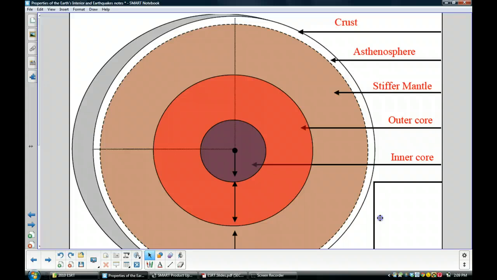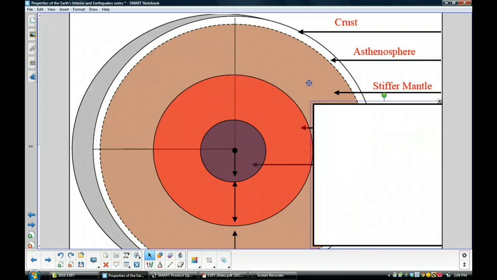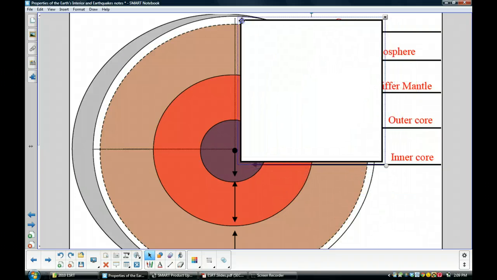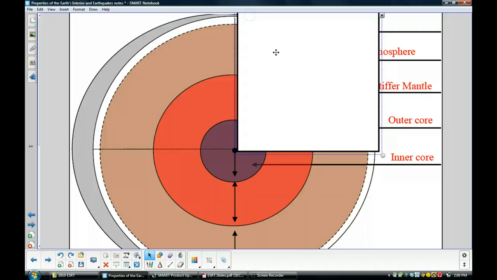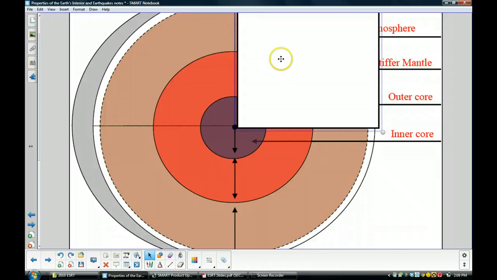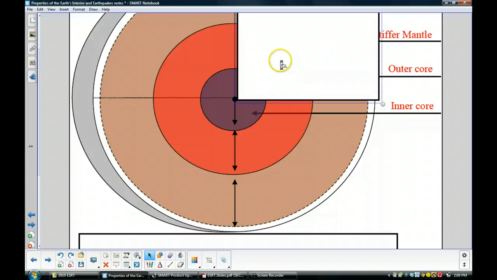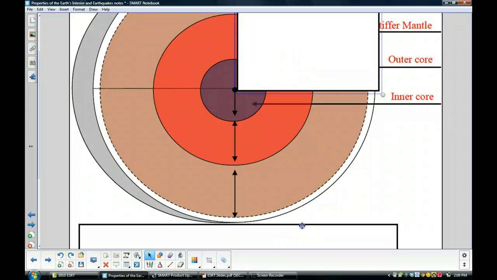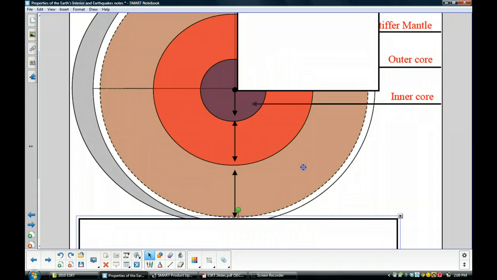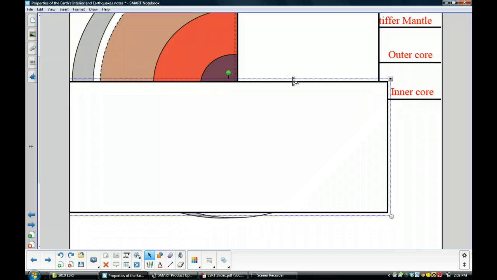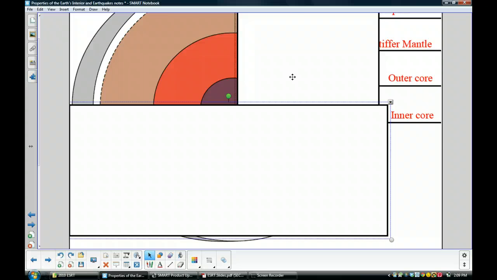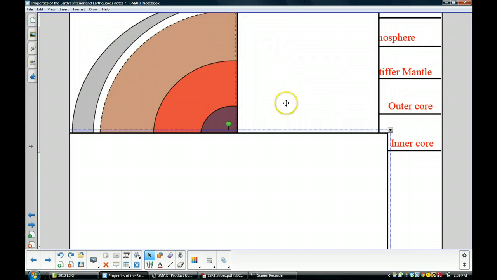Now, what I want you to see here, the reason I'm sliding these over, is that if I take that picture of the Earth and cover up and hide part of it, you'll see I have just a slice of a pie, a portion of the Earth.